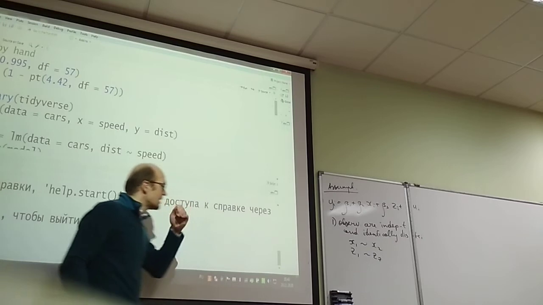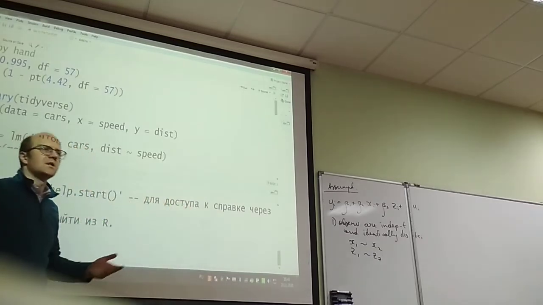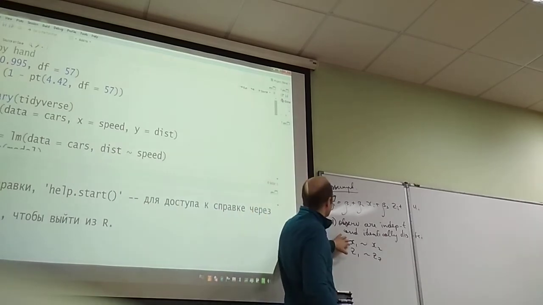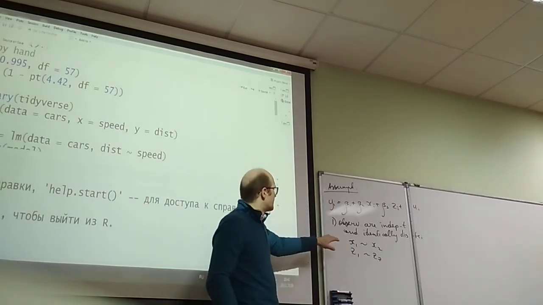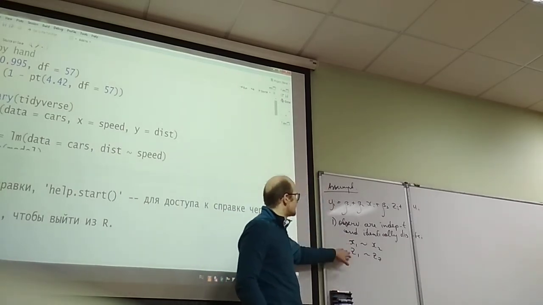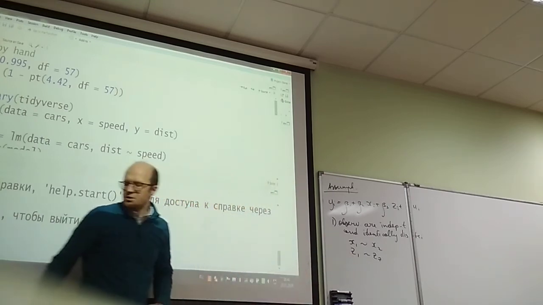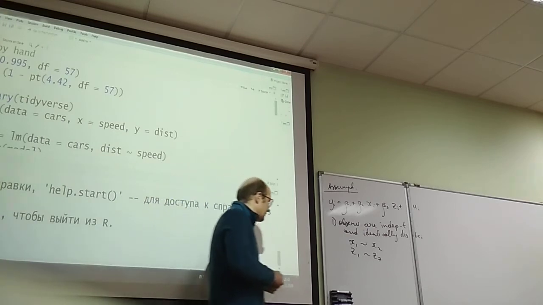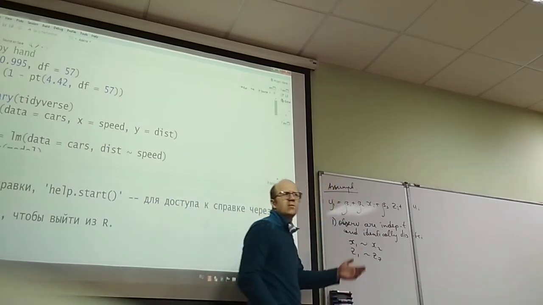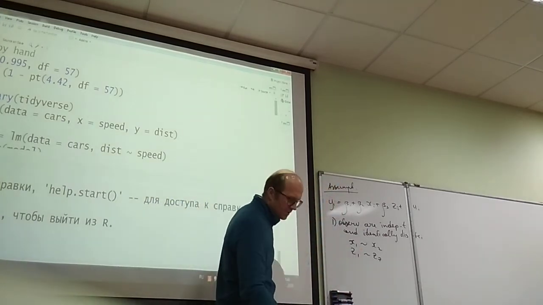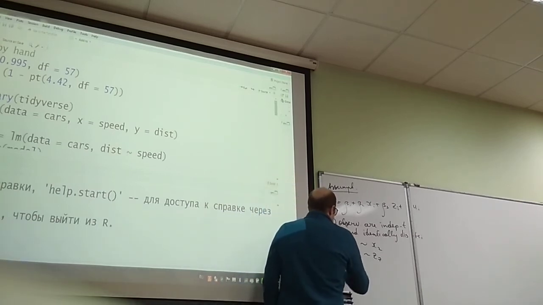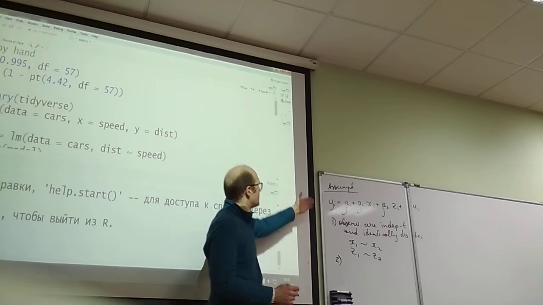I don't say that z1 and x1 have the same distribution because x1 may be expenditures on TV advertisement, and z1 may be expenditures on internet advertisement of the first enterprise and so on.